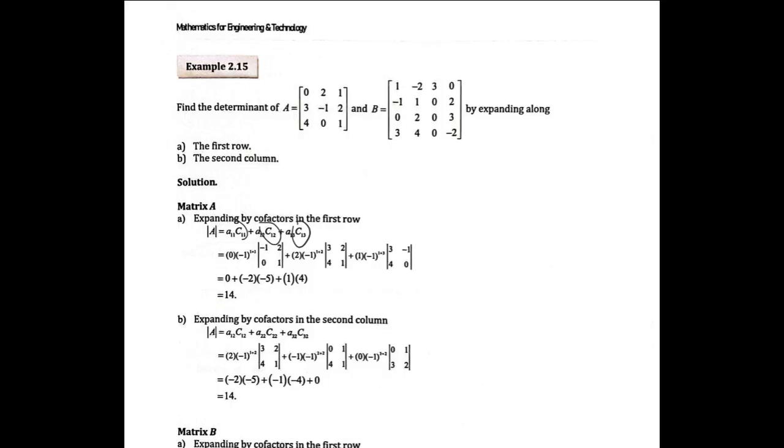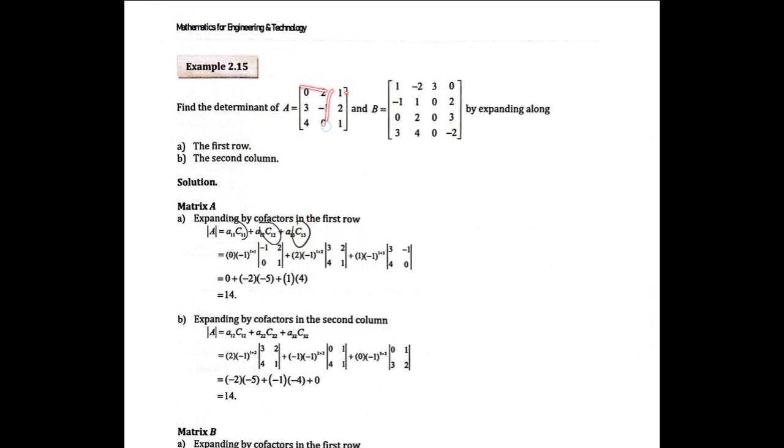So we have 0 times anything, you will get 0, and then A12 is 2, times the cofactor for A12, right?